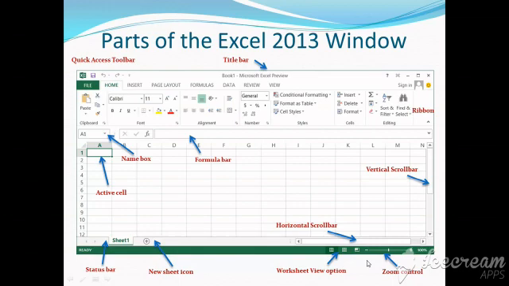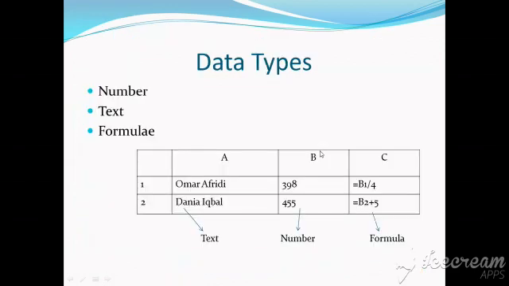And if we talk about the names of the columns, we have different columns and different numbers of rows as well. Rows are always numbered 1, 2, 3, and columns always have letters like A, B, C, D and so on. Then we have different types of data, three types: number, text and formula.